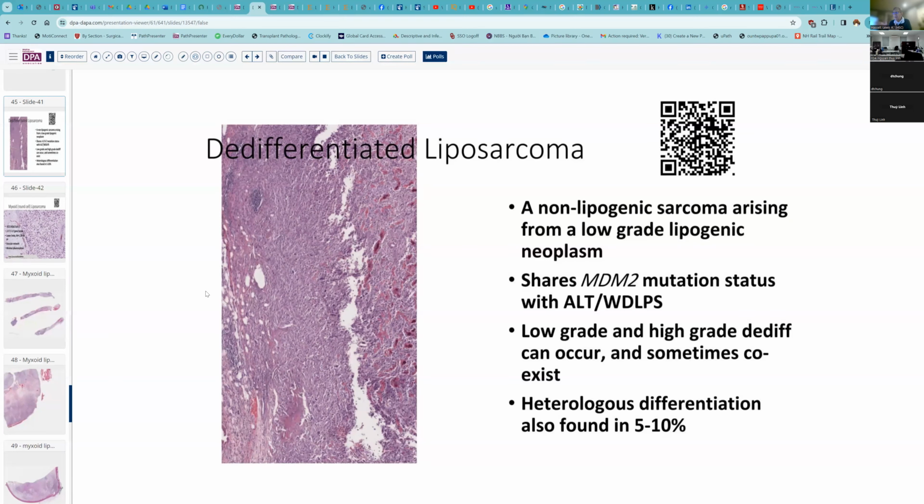And then with undifferentiated or dedifferentiated liposarcoma, it looks like a very high-grade sarcoma, which is very different from those other tumors usually. Now, the low-grade dedifferentiation will still have some significant atypia like you have in well-differentiated liposarcoma without dedifferentiation, but it will just have more solid tissue and usually maybe some heterologous element as well.